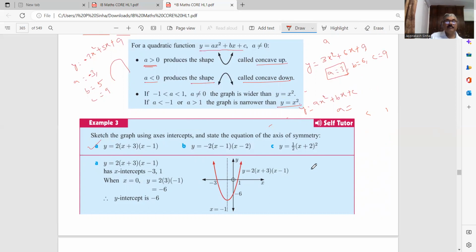What is the form? Y is equal to A into x minus p into x minus q. If this is the form, means first form, then p and q are the x-intercepts. And x is equal to p plus q by 2 will be the axis of symmetry.